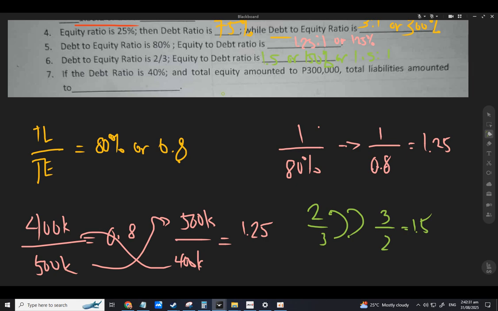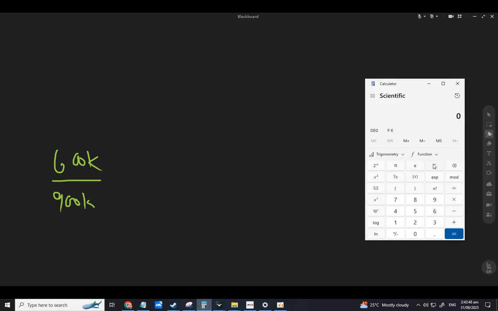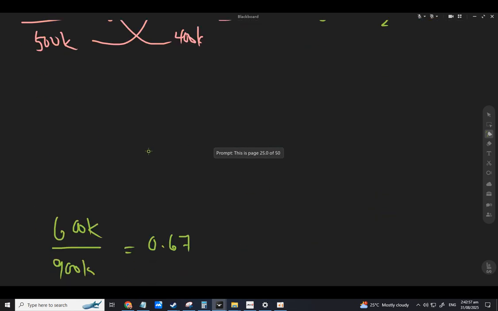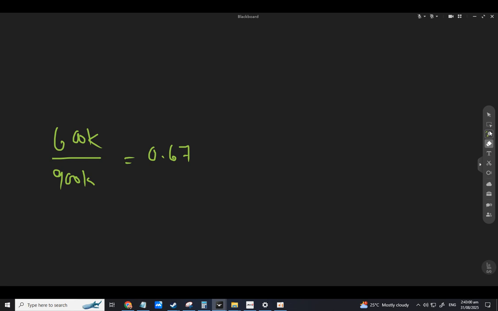Okay, to prove it, I'll just make something, debt to equity ratio. For example, kailangan ko mag-isip ng 2/3. Alright, we have 600K over 900K. So, 600,000 divided by 900,000, you will have 0.67, right? Or 2/3.